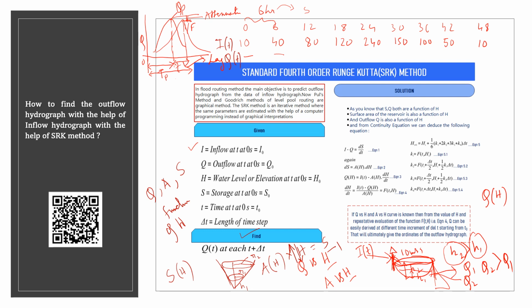So if you want to find the outflow hydrograph, you must know the outflow discharge at 0th second and the outflow discharge at 6th hour, 12th hour, 18th hour, 24th hour, 30th hour, 36th hour, and so on. At each time point, what will be the outflow discharge? You have to determine that. Then only you constitute the outflow hydrograph. So how to do that?